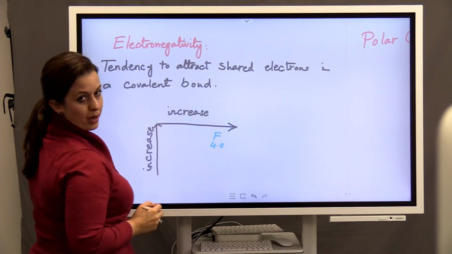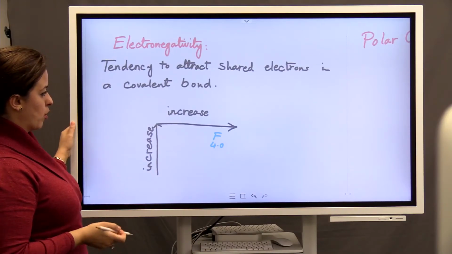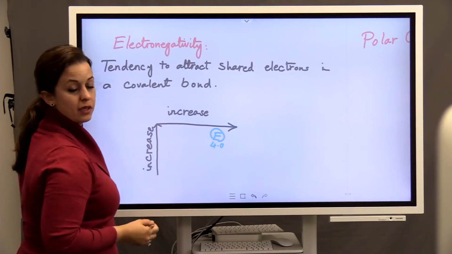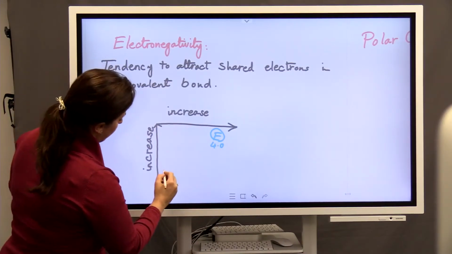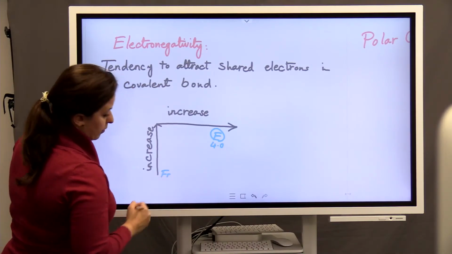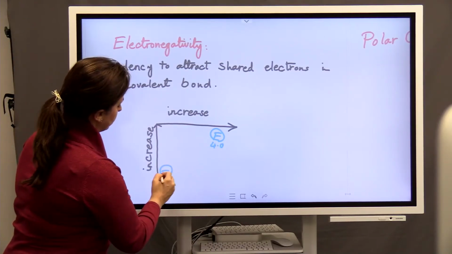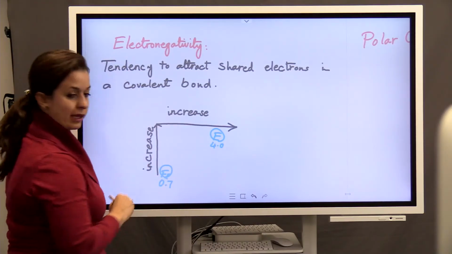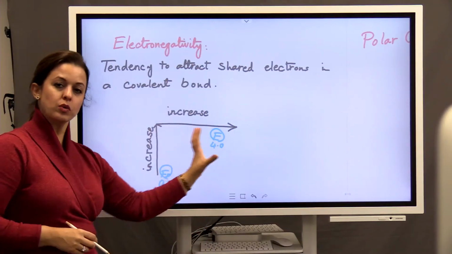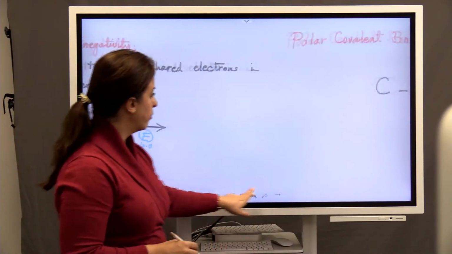You don't have to memorize any electronegativity values, you will be given them. I just want you to know, based on this trend, we expect fluorine to have the highest electronegativity, which is the same. And for francium, on the bottom of group 1, you expect the lowest, which is correct, which is 0.7 only. So, let's see how we can use this electronegativity concept in our covalent bonds.